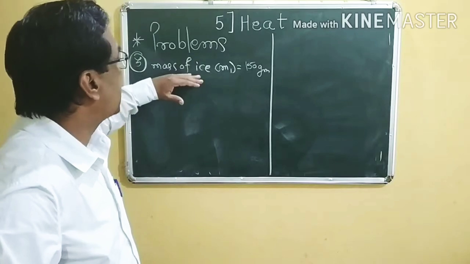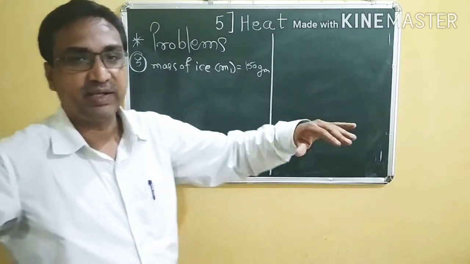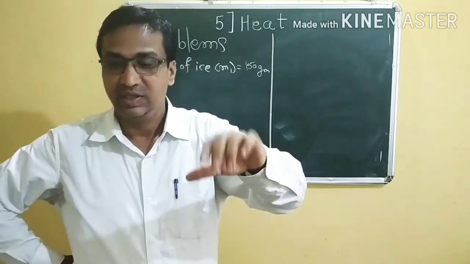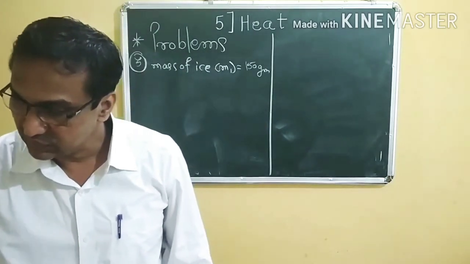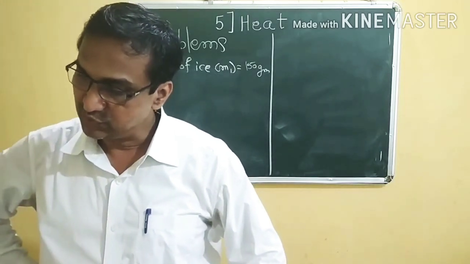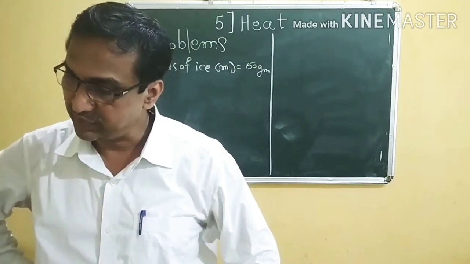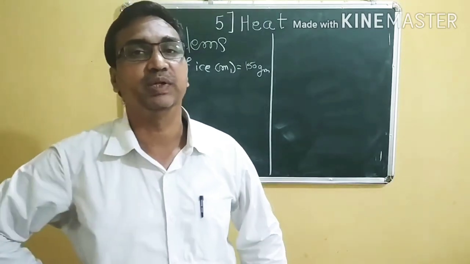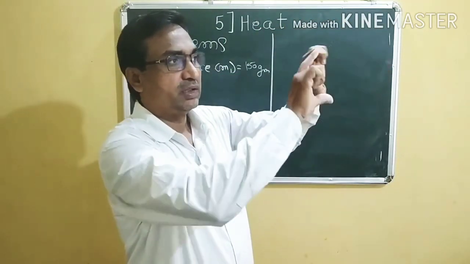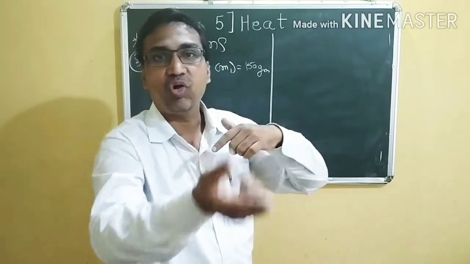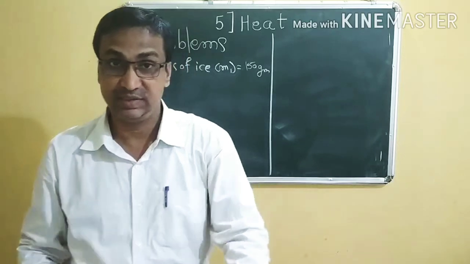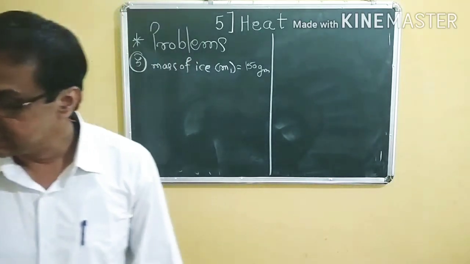M1 is the mass of ice, and this ice slab is converted into water, but water of what temperature? 50 degrees Celsius.